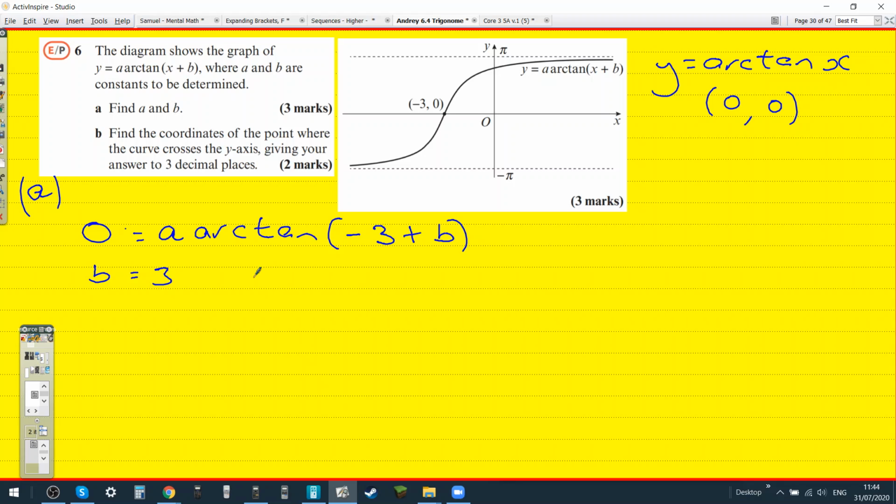Okay, how about A? Do I just need to solve for A by subbing in all the values? Go for it. Will that work though? Maybe it won't.